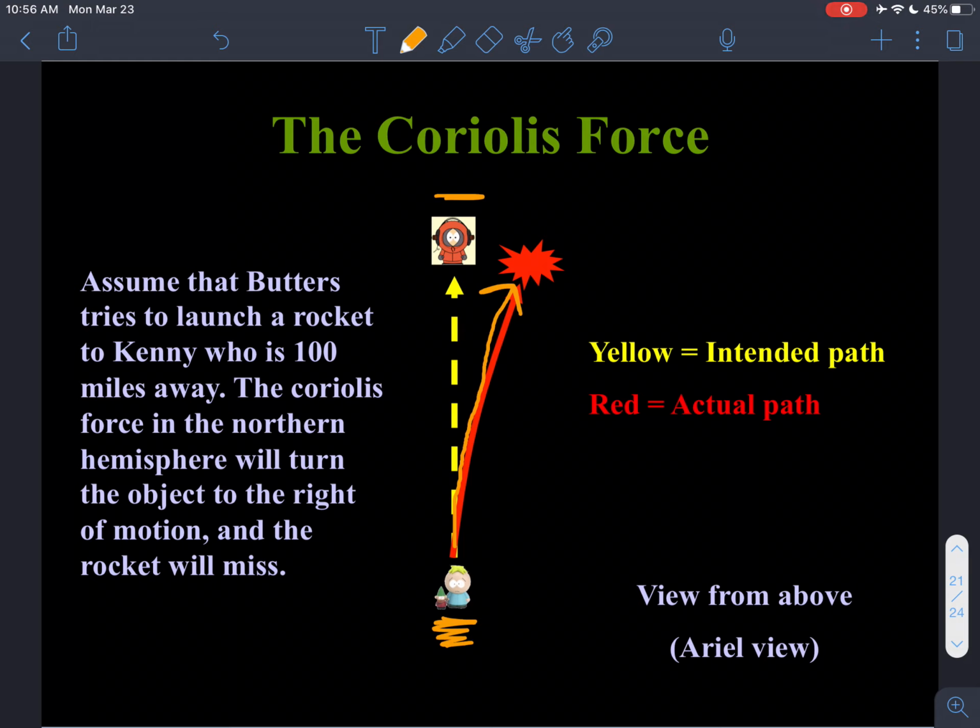The reason for that is because while that rocket is in the air, the Earth is rotating below it. By the time that rocket hits the ground, the Earth will have rotated a certain amount, and that causes that rocket to appear to curve to the right by the time it lands. So this is an aerial view from the top.